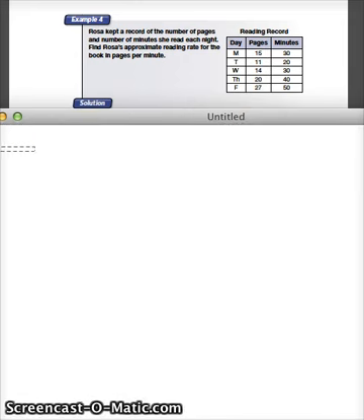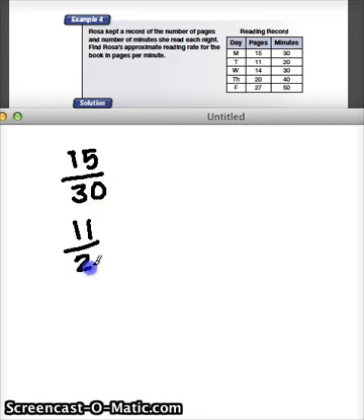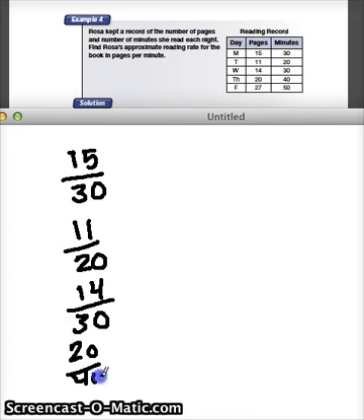The first one is 15 over 30, because we're talking about the number of pages over the number of minutes. The second one is 11 over 20. The third one is 14 over 30. The fourth one is 20 over 40. And the last one is 27 over 50.